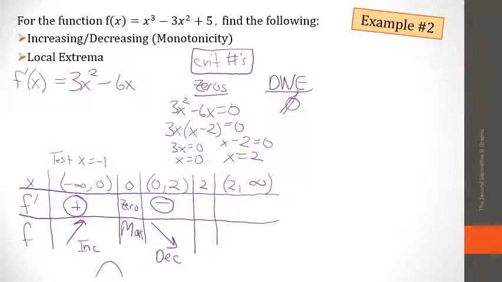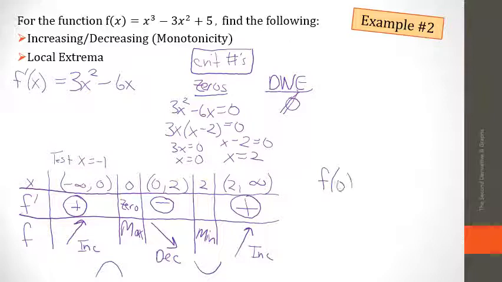For the interval from 2 to infinity, I test x equals 3 and get positive in my derivative, so the original function is increasing. Going from down to up, that's a min. We have a max at f of 0.